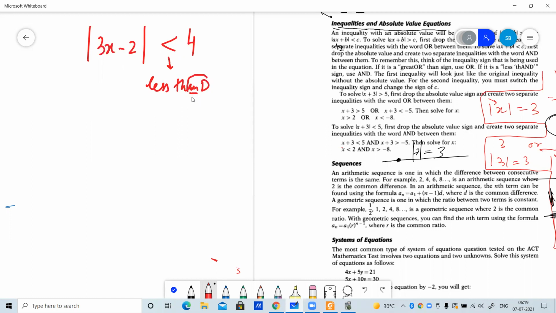When you make the two inequalities, you will keep and in between. When you had greater than or greater than or equal to inequality, you were using or in between. But if you have less than or less than or equal to inequality, you will use and in between.